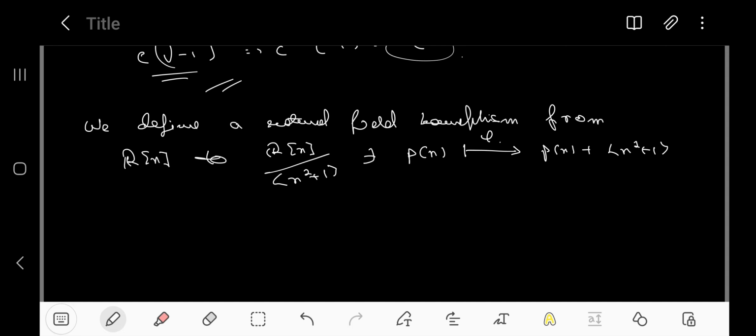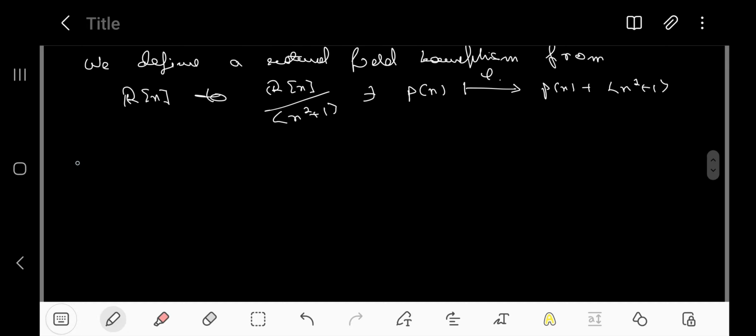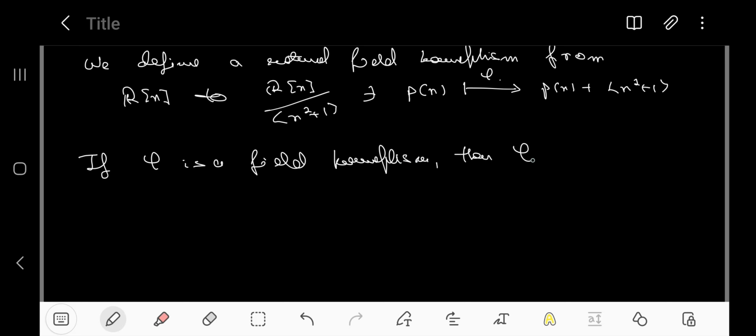Okay, we're not going to prove this, I'm just going to write it down: if phi is a field homomorphism, then phi is either a zeromorphism, in the sense that it just maps every element to 0, the additive identity, or is a monomorphism.